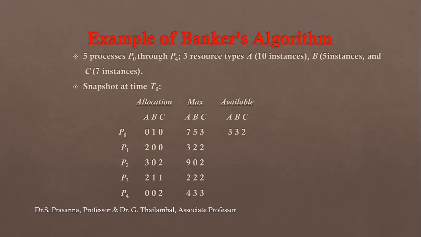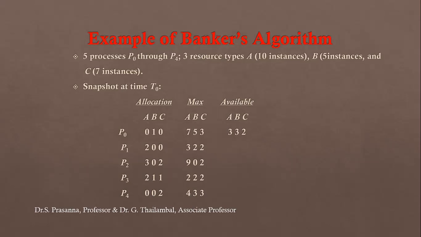Similarly for C: 7 instances, the maximum is 3 only. The allocation cannot be done now because the availability is already allocated. 7 minus 3 is 4, and 4 is already allocated to other processes. So the availability is only 2, which cannot be allocated for P0. The availability is 2, but it is asking for 3, so it cannot be allocated.